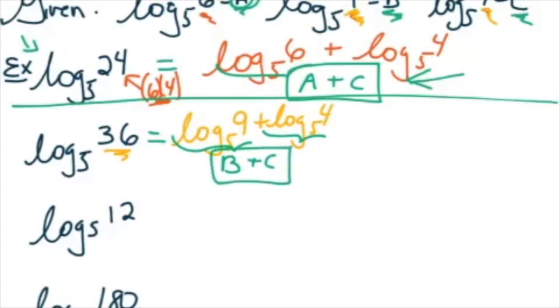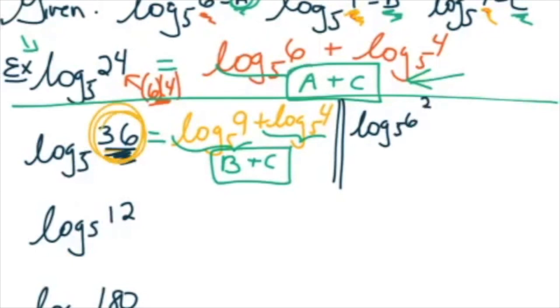Now here's another fun fact. We could have actually done this another way. You know 36 is in fact 6 squared. Nobody's going to deny that. So if I said to you the log of 6 squared base 5, that's the same thing as saying the log of 36.